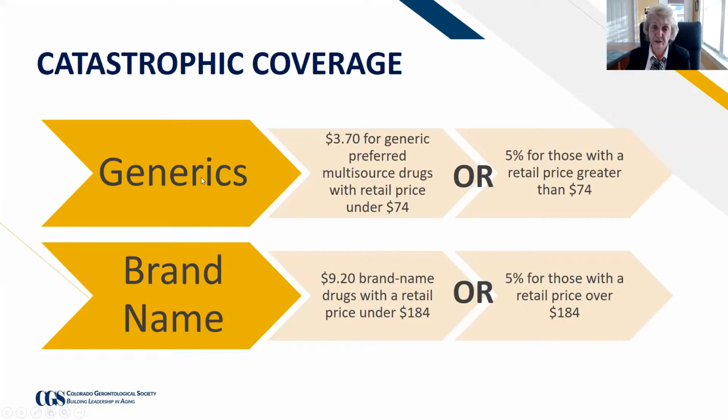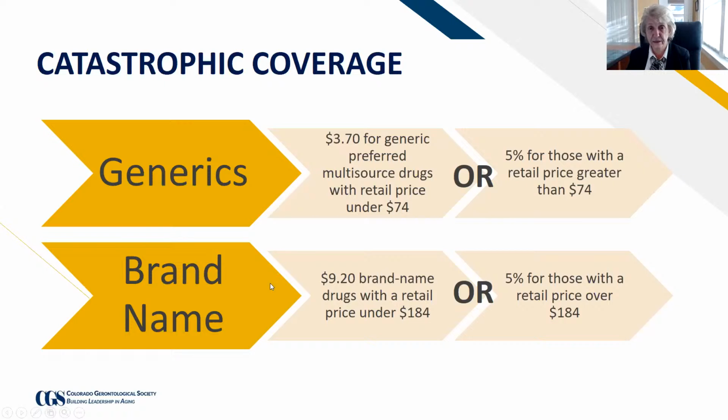If you're using generics and the retail price is under $74, you will pay $3.70. If the retail price is over $74, then you will pay 5%. So if your generic costs $200, then you will pay $10 for a generic.